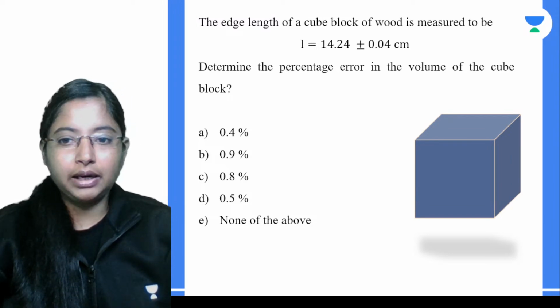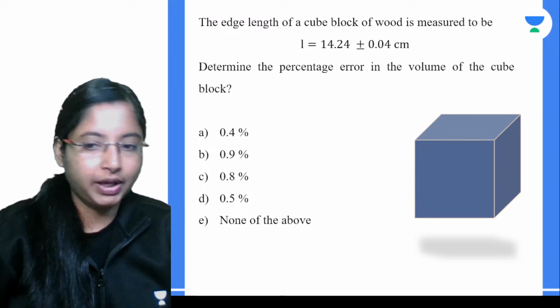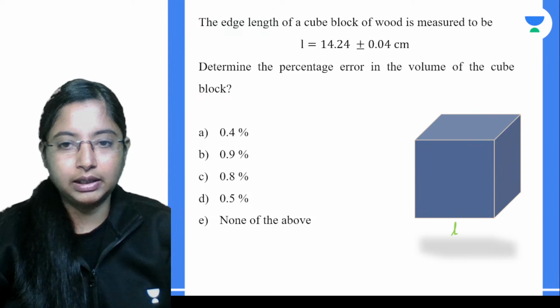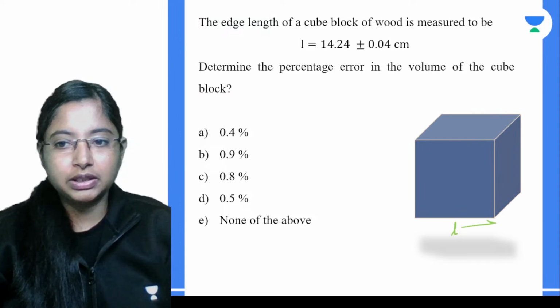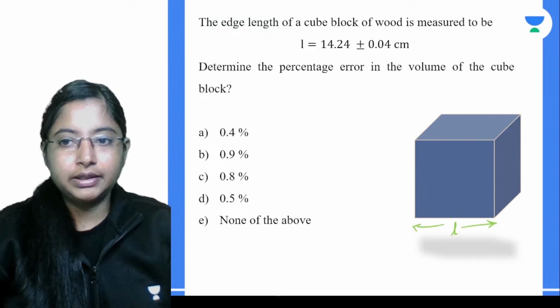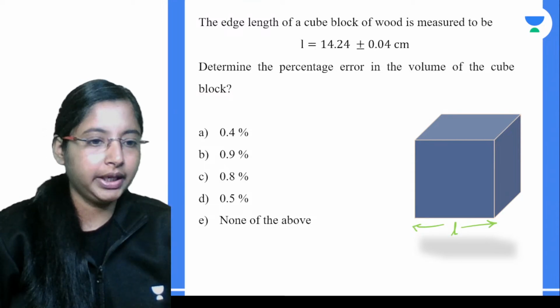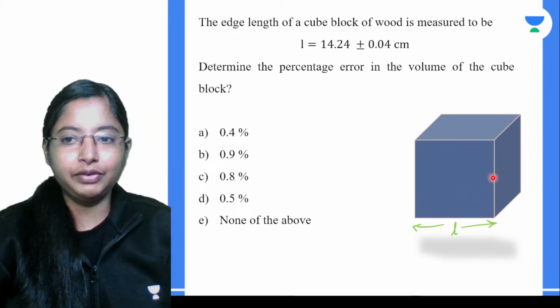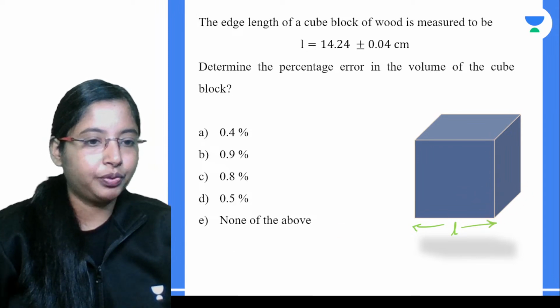So what are the known quantities we have over here? We know the length, right? It's a cube, so this side length is given. The same length will be on this side and also on this side. All these three sides will have the same length because it's a cube. What is the volume of a cube?